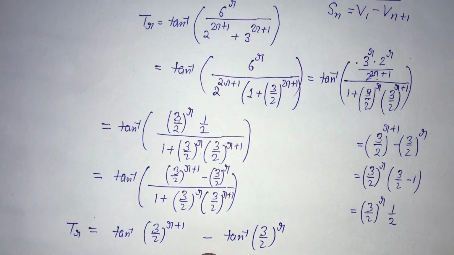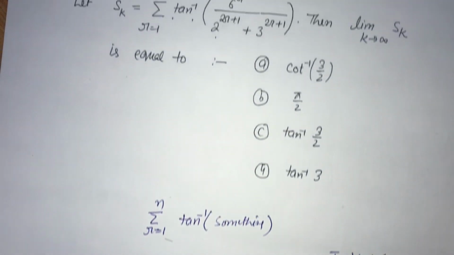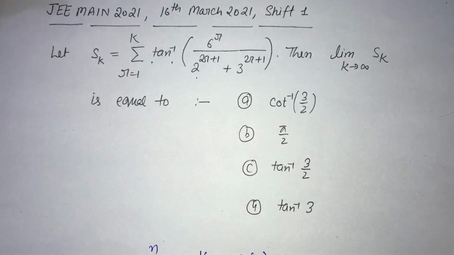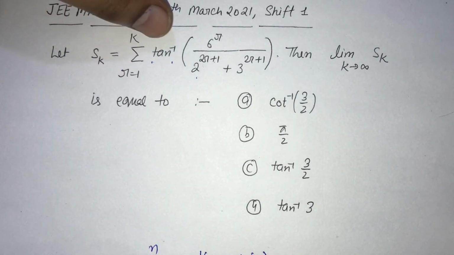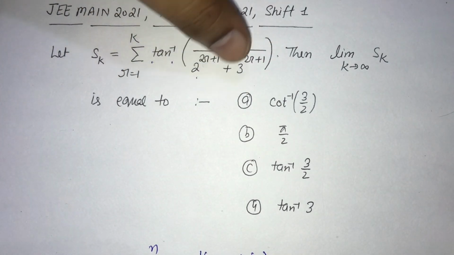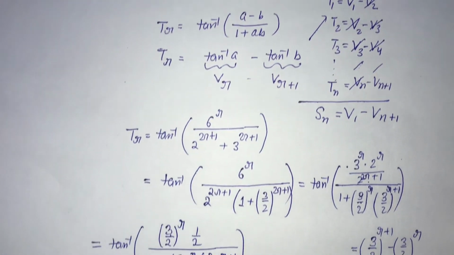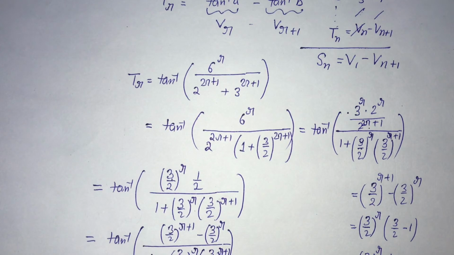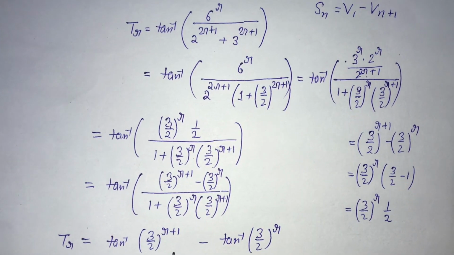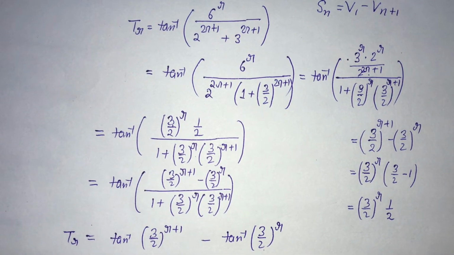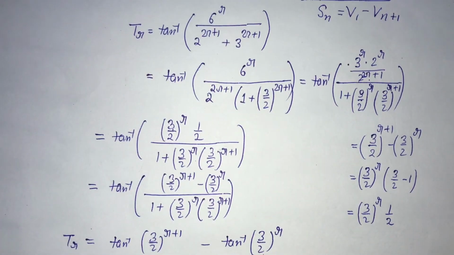What we want actually? We want Sk. What is Sk? Sigma of r equals to 1 to k tan inverse this. And this expression I have written as tan inverse 3 by 2 raised power r plus 1 minus tan inverse 3 by 2 raised power r. So let us just try how to simplify this further.